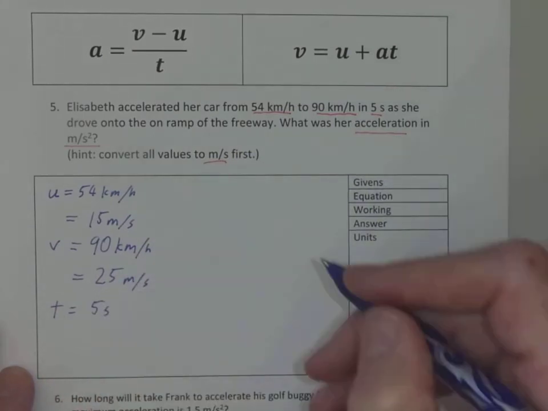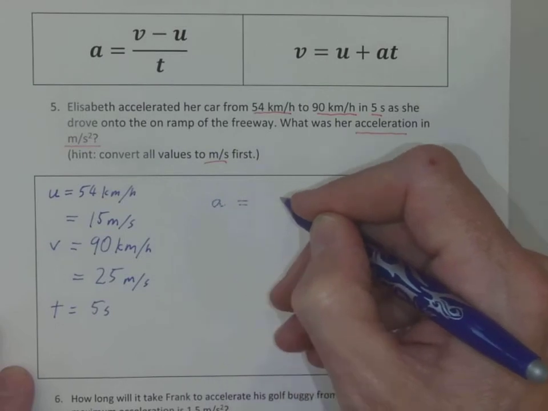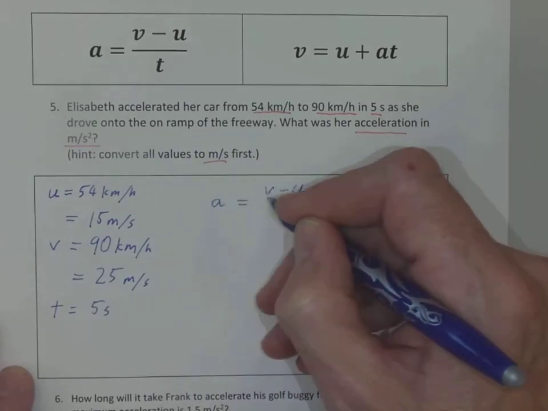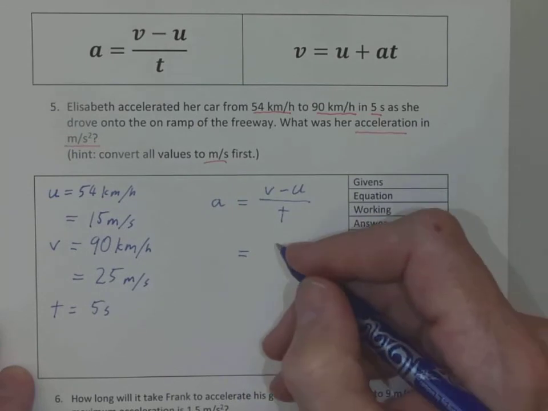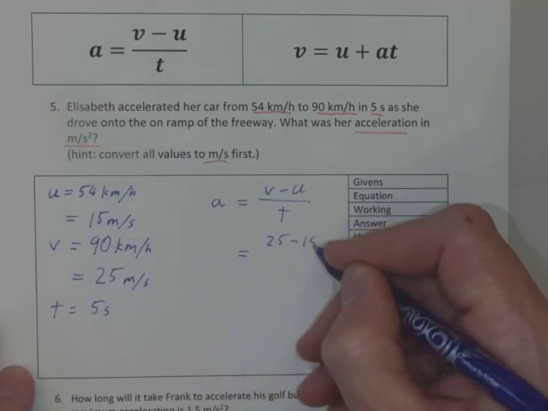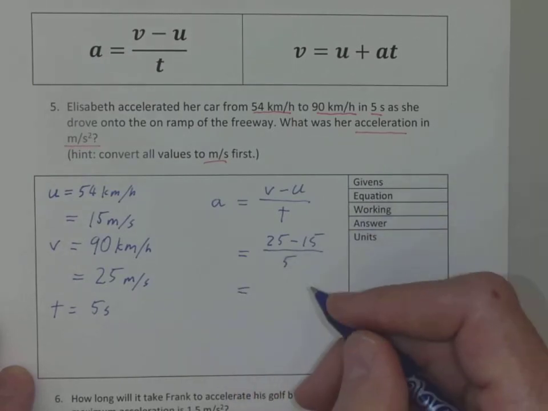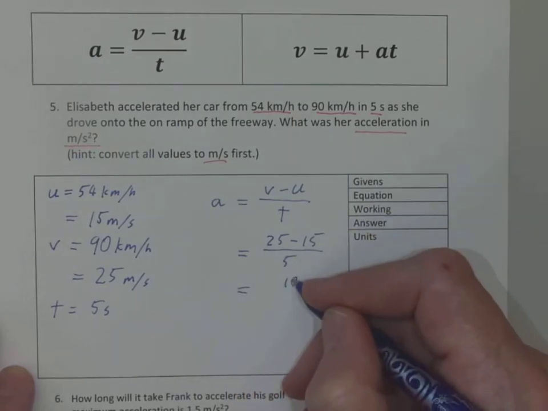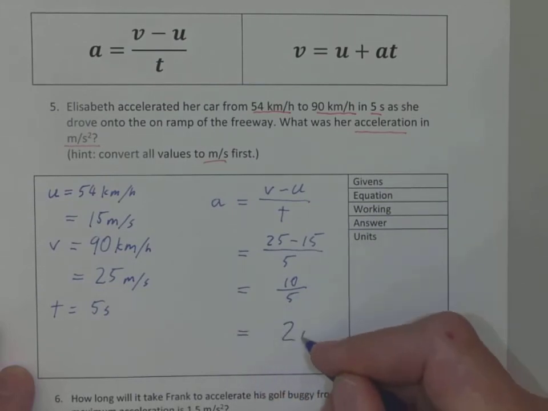Okay, we're looking for the acceleration. So, acceleration equals the change in velocity over time, which equals, in meters per second, 25 subtract 15 over 5, which equals, 25 take 15 is 10 divided by 5, which equals 2 meters per second per second.